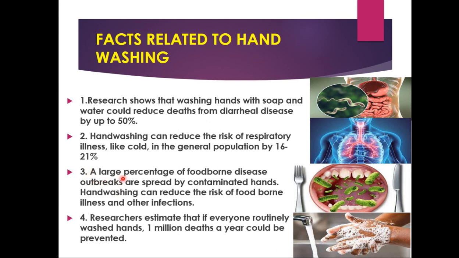And third, a large percentage of foodborne disease outbreaks are spread by contaminated hands. So hand washing can reduce the risk of foodborne illnesses and other infections, isn't it? And last, researchers estimated that if everyone routinely washed hands, 1 million deaths a year could be prevented. Clear? So hand washing is very important.